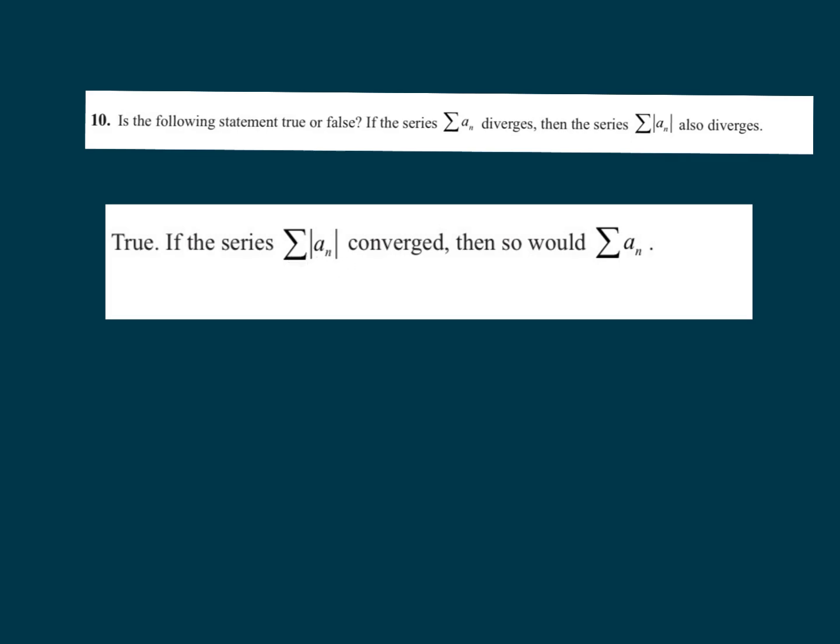We said if the series of the absolute value converges, then the series converges. This is problem 8, and this is true. But what is being asked is whether, if the summation of a sub n diverges, the summation of the absolute value also diverges. This is also true because it is the negation of the previous statement.